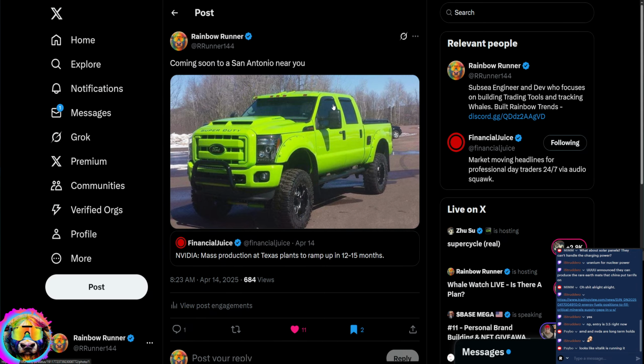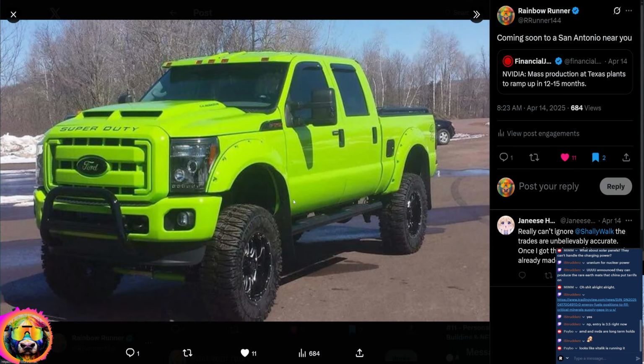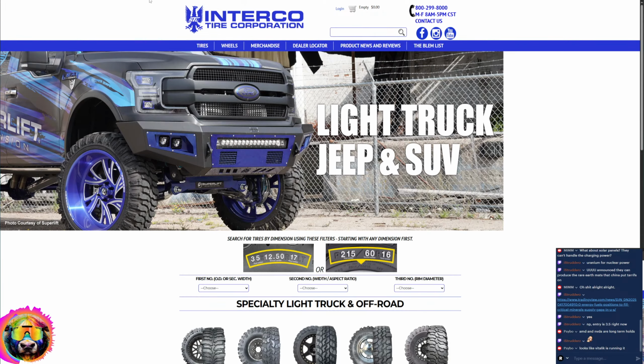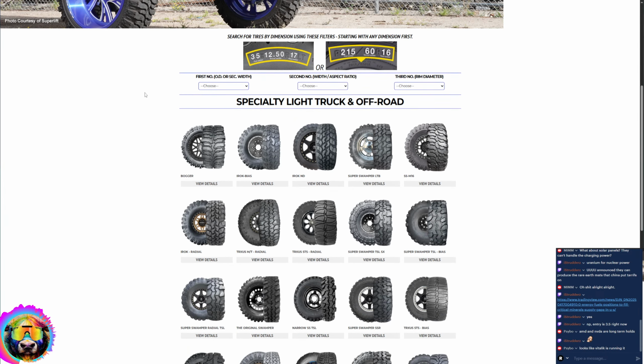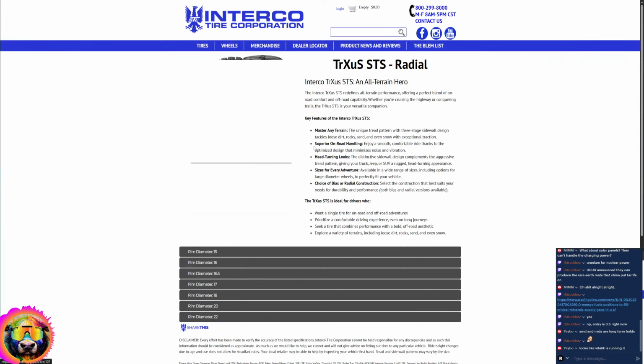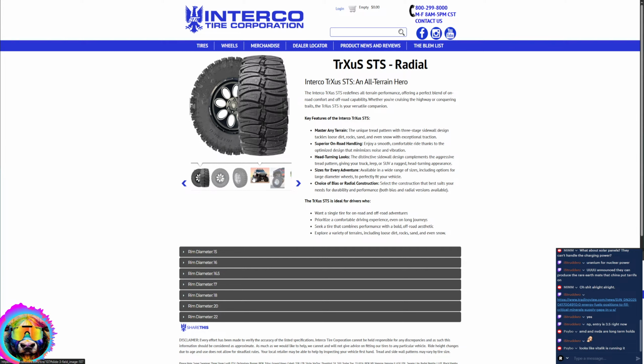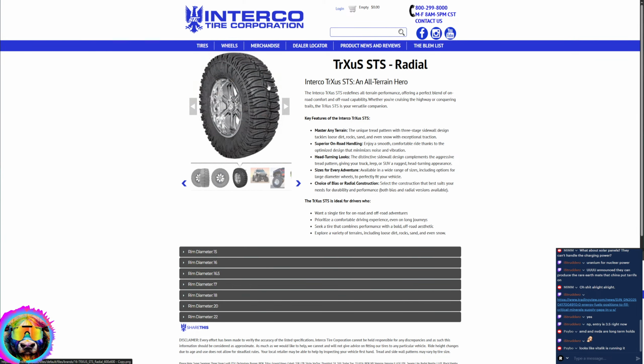Man, do they still make those tires? Give me a second. Those are Super Swamper radials. My buddy used to have those. They were really good tires. Super Swamper Interco Lightco tires. Because that's what we're here for, guys. You guys know that I build beach trucks. I don't build mudding trucks, but they still make them. This is the Truxus STS. It's actually a really cool looking tire, and they're actually pretty decent.